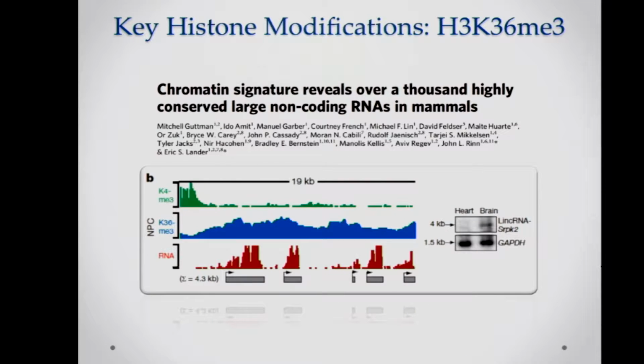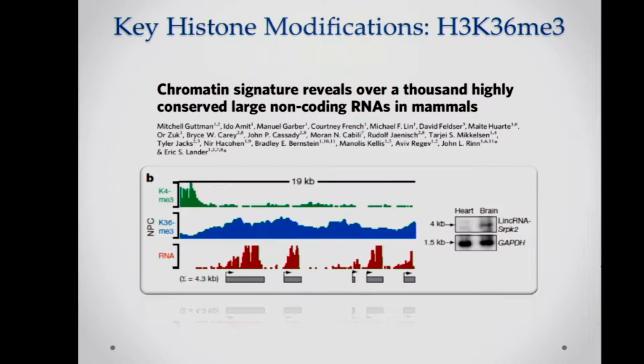And once again, here's a paper from John Rinn and Eric Lander where they made use of K36 trimethylation and K4 trimethylation to try to find, if you're familiar with John's work, long non-coding RNAs in the genome. They were able to find regions that weren't annotated as promoters, and then they could see, based on the K36 trimethylation, that transcription was occurring in the region.